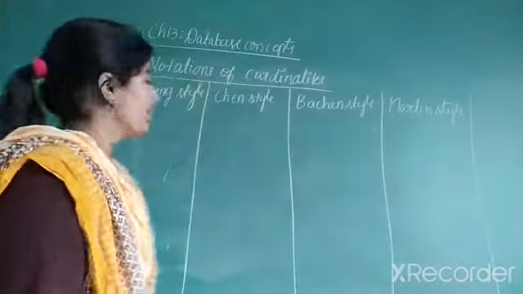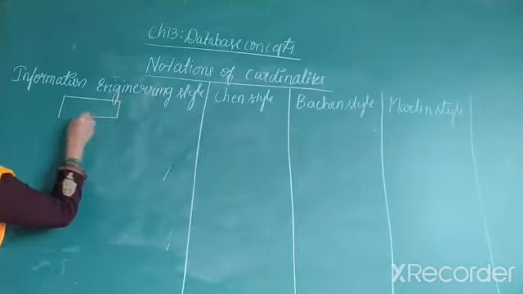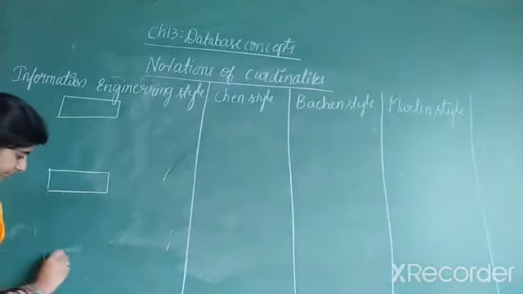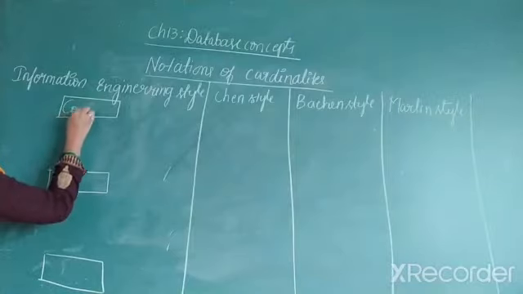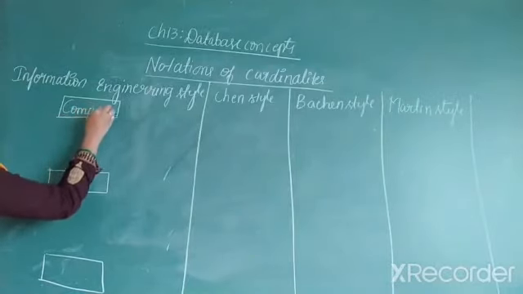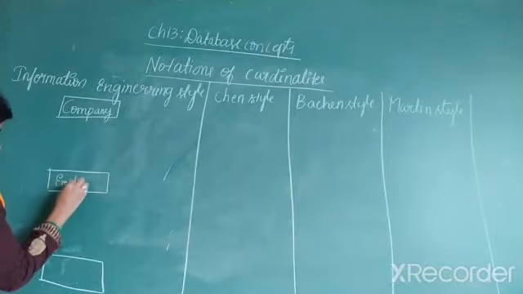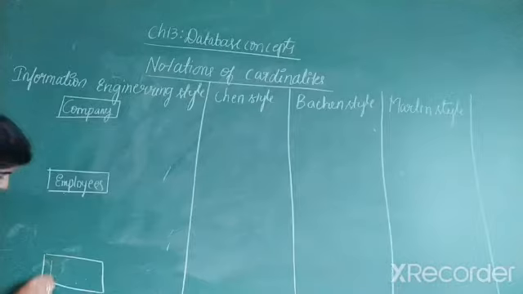So when you consider the representations, let us consider there are three entities here. The first one is called company. The second one is called employees, and third one is called projects.